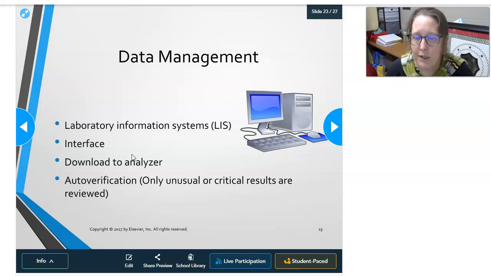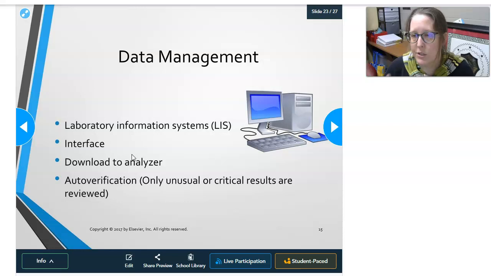But then once it generates all your results for your patient, for that panel or that test, the patient info with the test and the results enter the lab information system, which is a separate computer system that's linked to the onboard computer system. So there's an interface there.